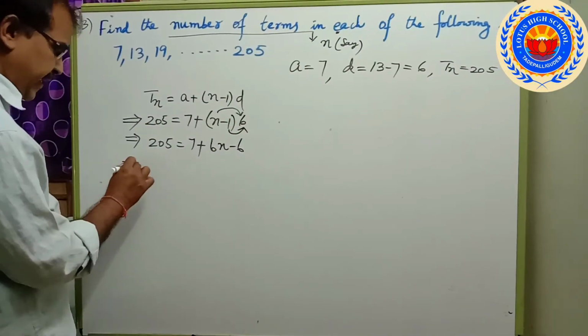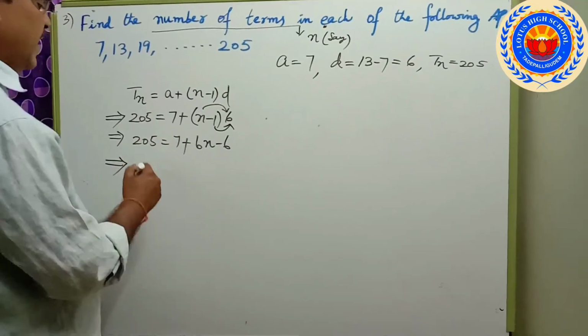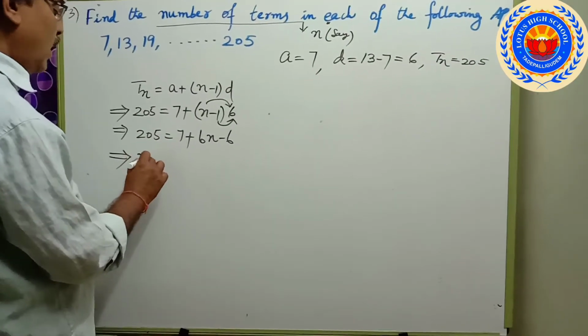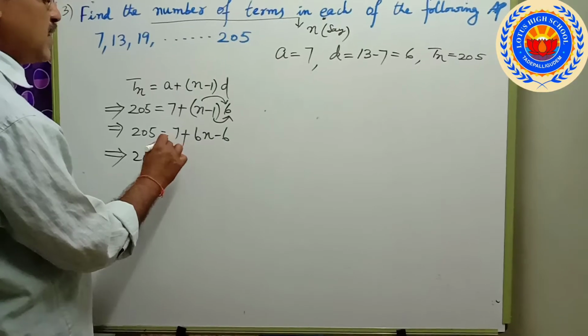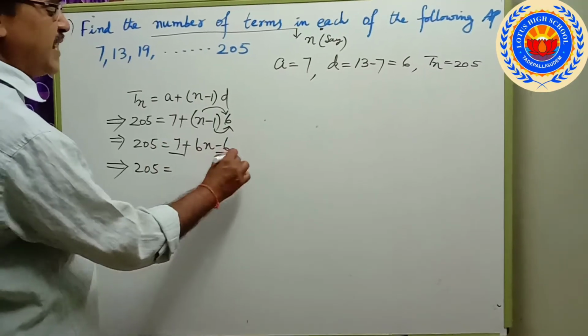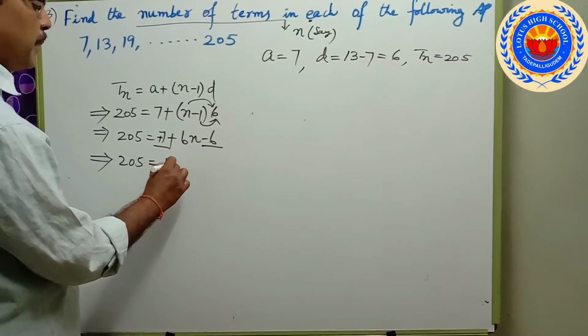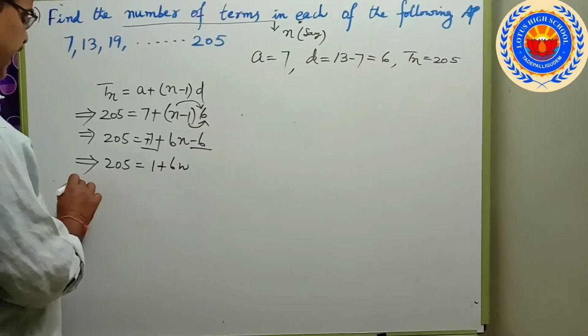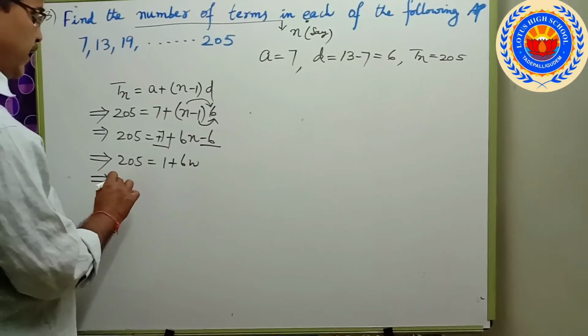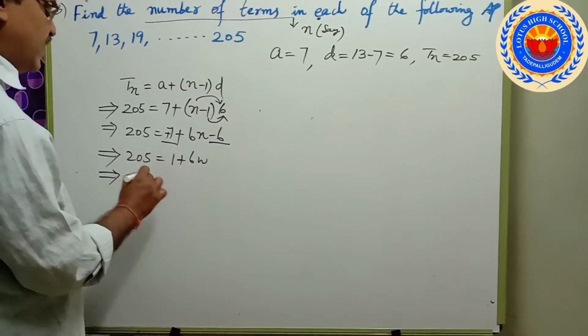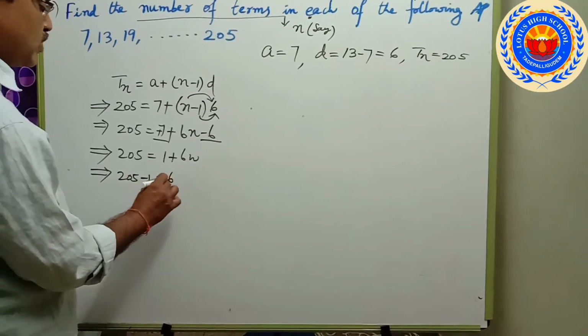6n minus 6. Here 205 is equal to 7 plus 6n minus 6. 7 minus 6 is 1, plus 6n. That implies 205 minus 1, transposing, is equal to 6n.